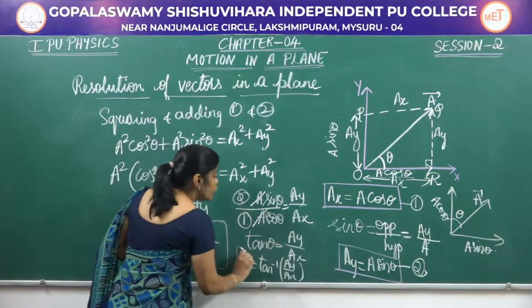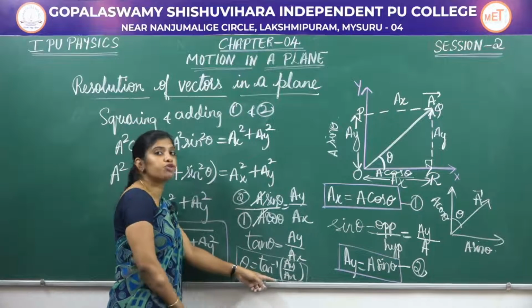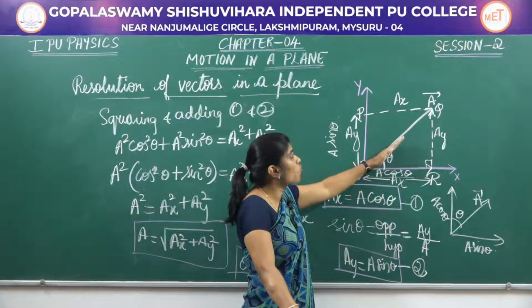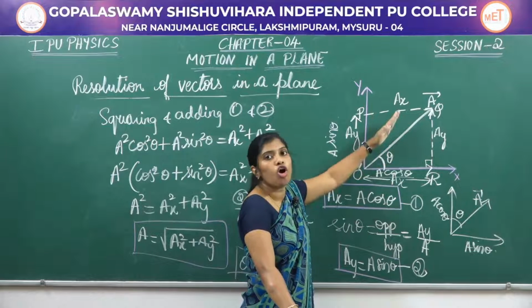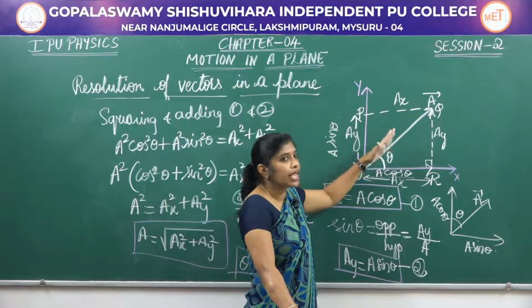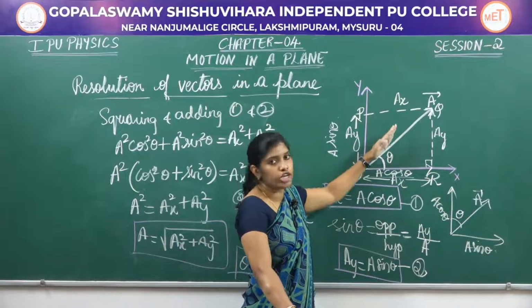So, if I want to know the direction of vector A, I can use this formula, theta is equal to tan inverse of AY by AX. From this, I can know the direction of the vector A from the horizontal. If I get to know this angle, then I can say in what direction the vector A is aligned from the horizontal.